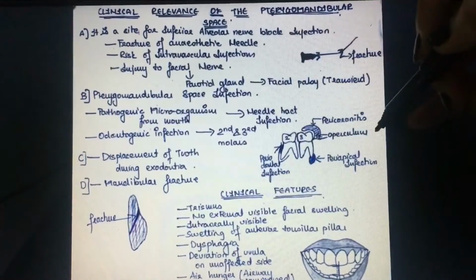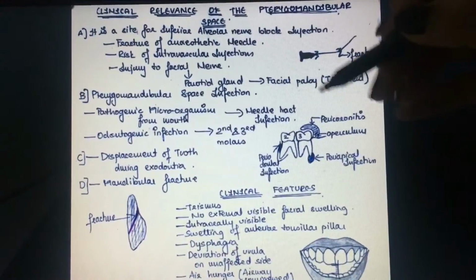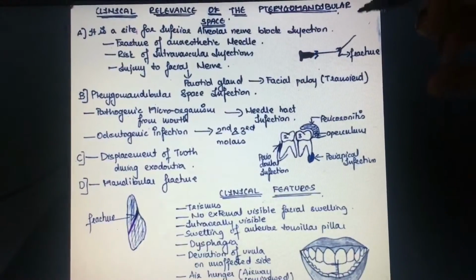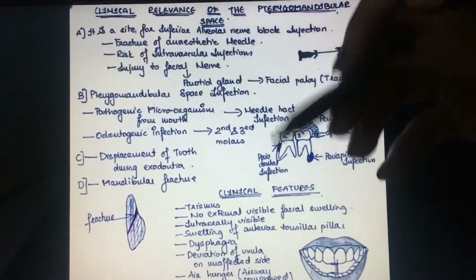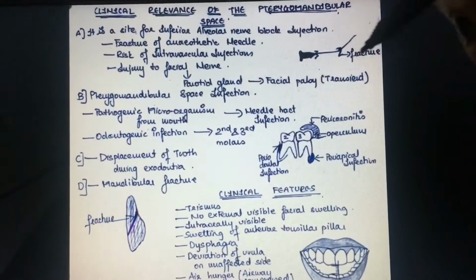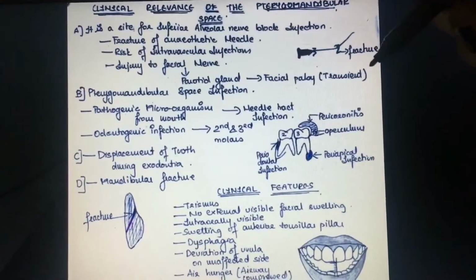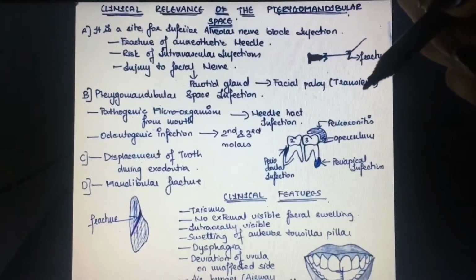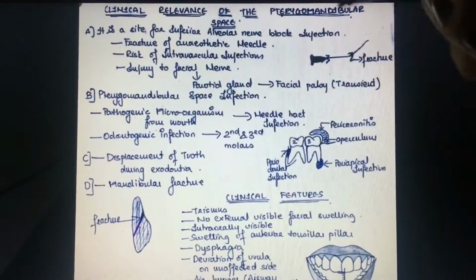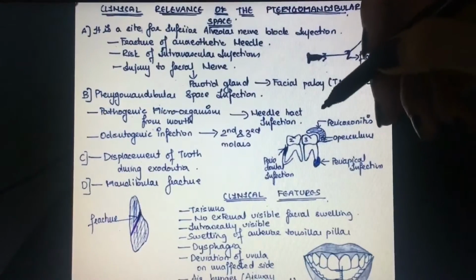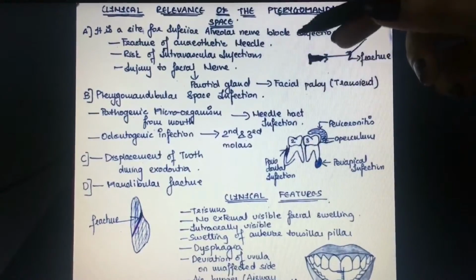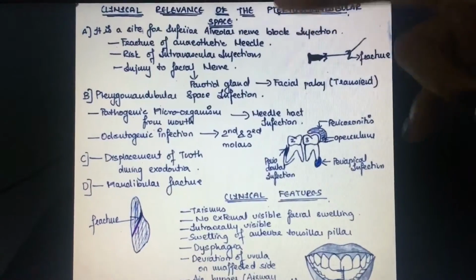The needle may be left in the pterygomandibular space, so we need to open that space in order to avulse that needle out. There are also various post complications of inferior alveolar nerve block injections. Because of this, the study of pterygomandibular space, its boundaries and contents, everything is important.